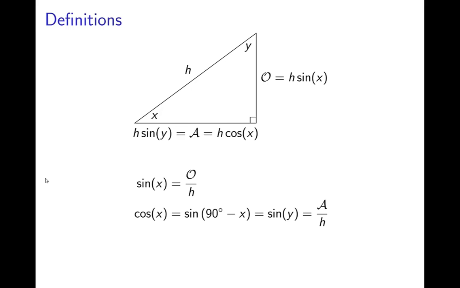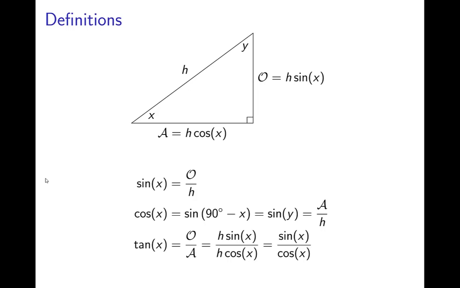So we define a new function, the cosine, which equals the sine of the complementary angle. We abbreviate cosine to cos, and note that the co in the beginning is a reminder that the relationship to sine is given by complementary angles.